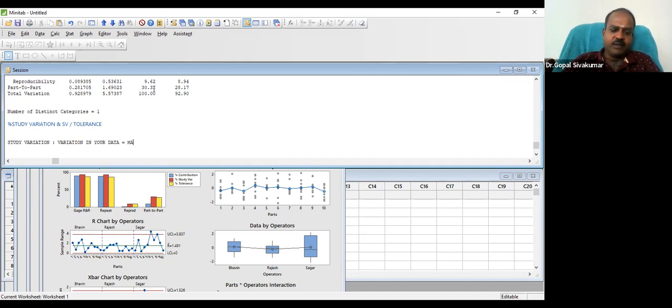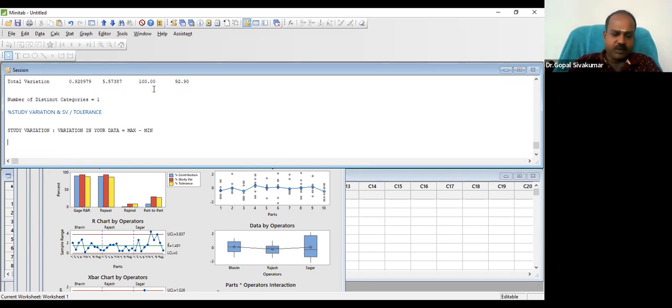For example, in your data, what is the maximum reading and what is the minimum reading? That range, maximum minus minimum, is the total variation. We compare the gauge R&R value with respect to the total range. But when it comes to tolerance, our range will be USL minus LSL.